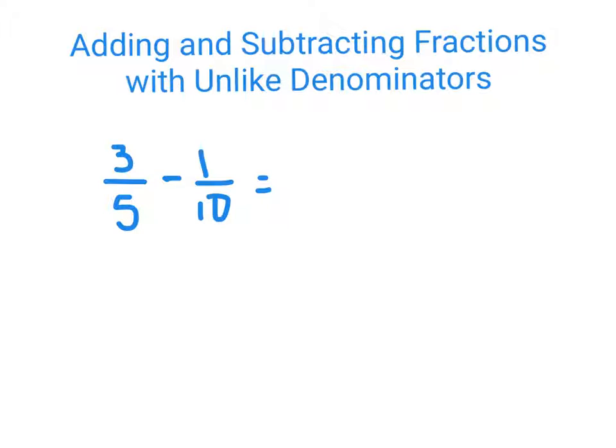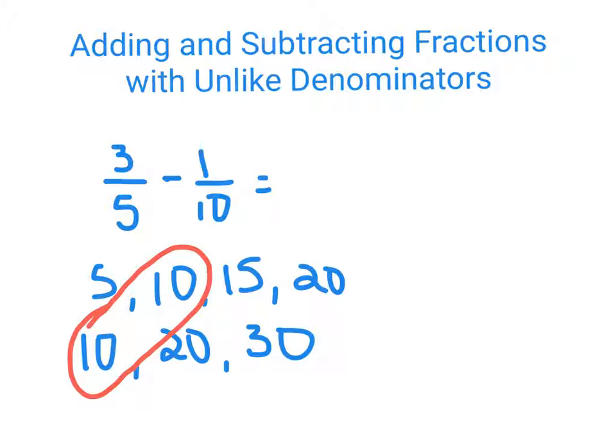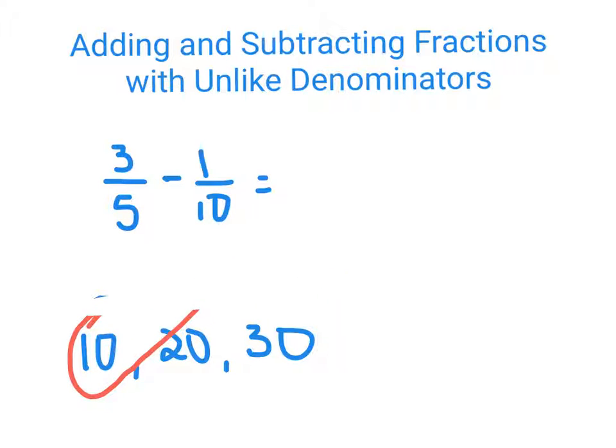What I mean by that is if you list off the multiples of each denominator, 5, 10, 15, 20, and then the other denominator 10, 20, 30, what we're looking for is the number that they have in common that's the smallest in that list. So for these two numbers, it's going to be 10. We're looking to make the 5 look like the 10, so we're going to multiply the numerator and the denominator in 3/5 by 2.